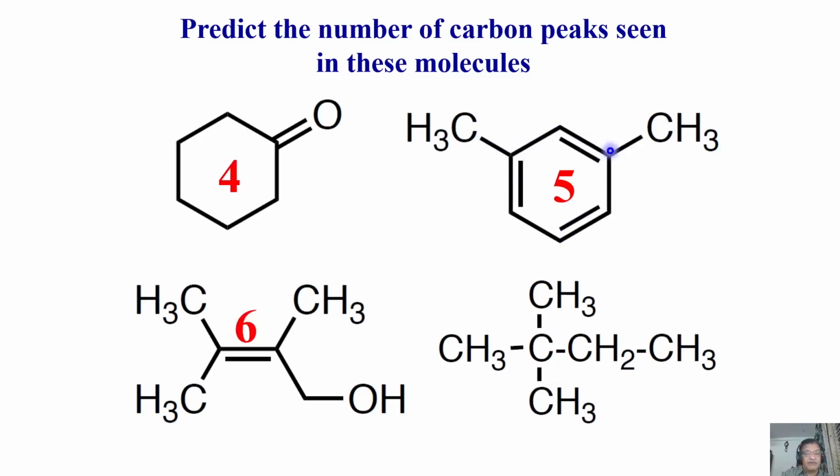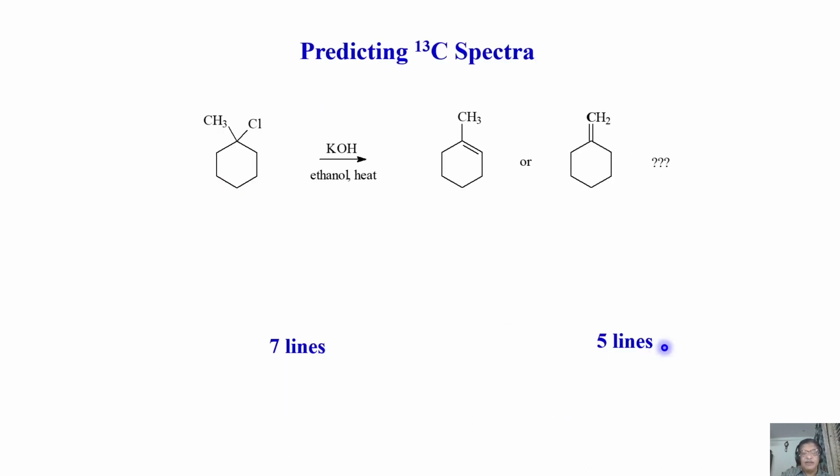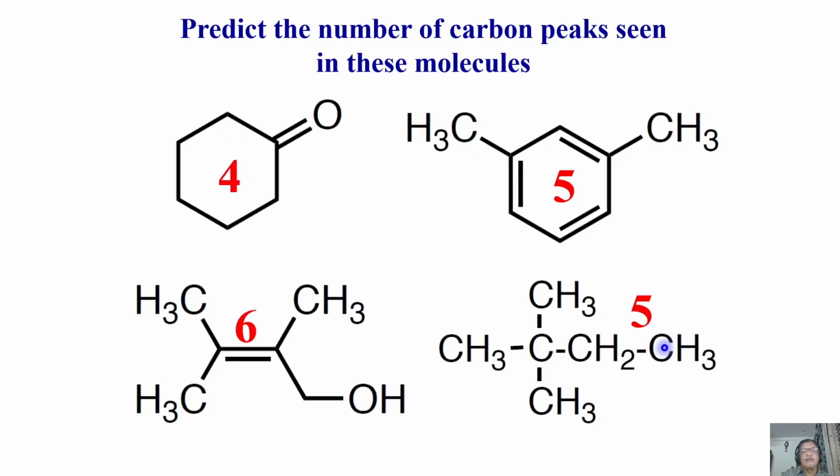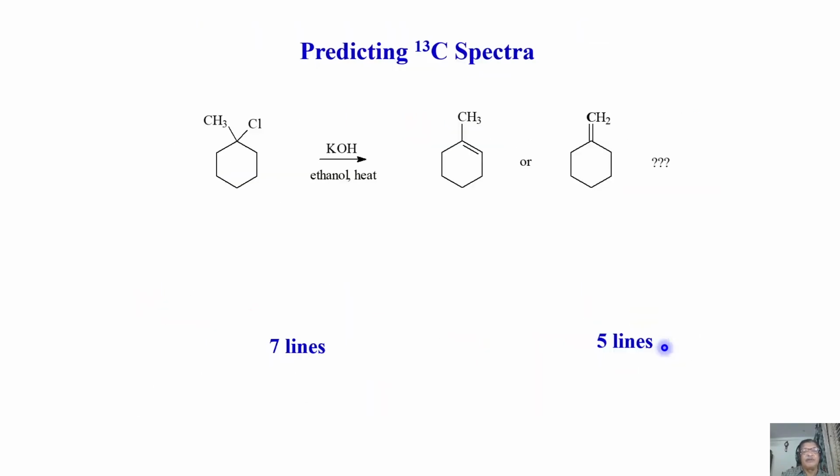What about this one? You simply count 1, 2, 3, 4, 5, 6. This one, all are equivalent here. There is no symmetry. Oh, there is symmetry, I think. 1, 2, 3, 4, and 5. There are 5 carbons.